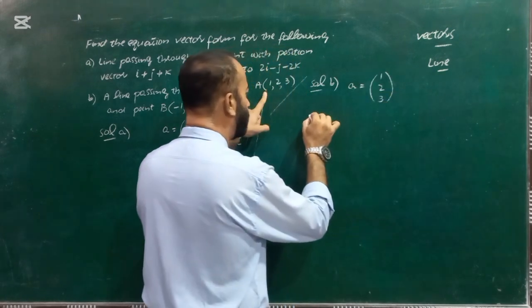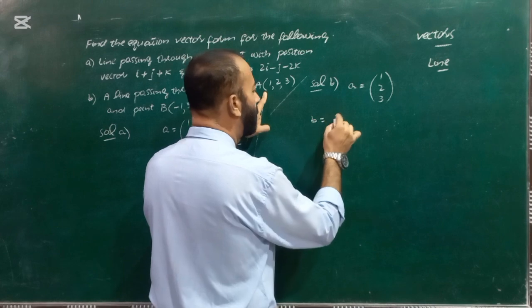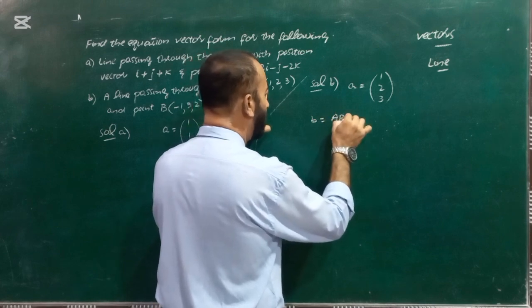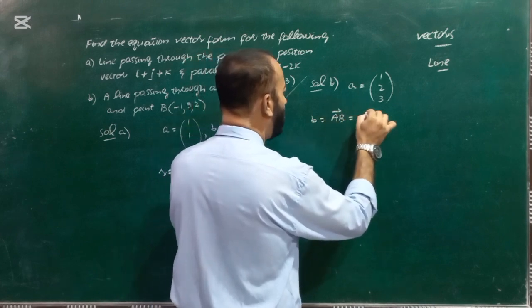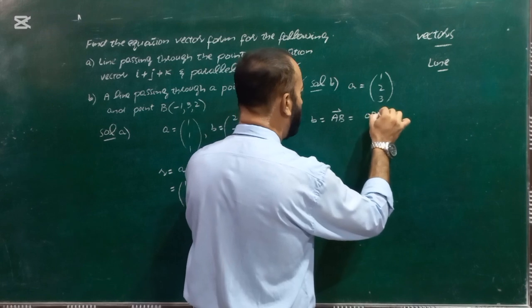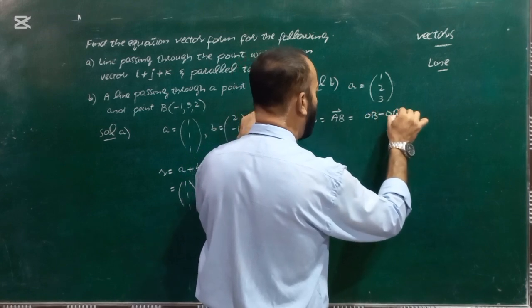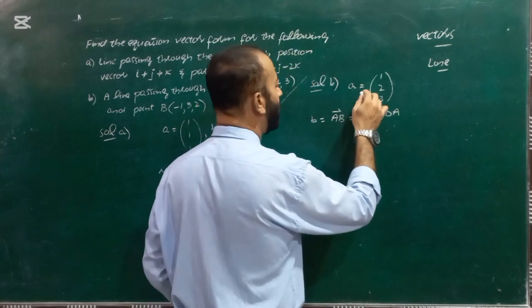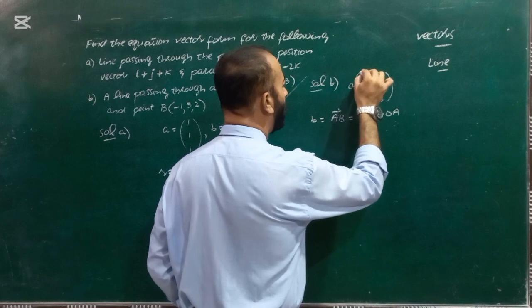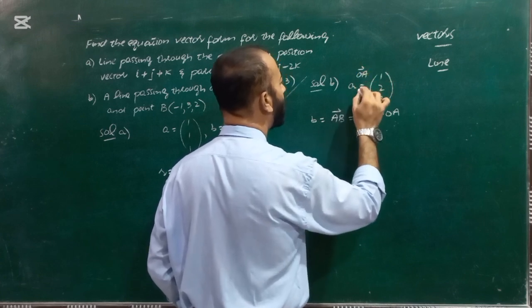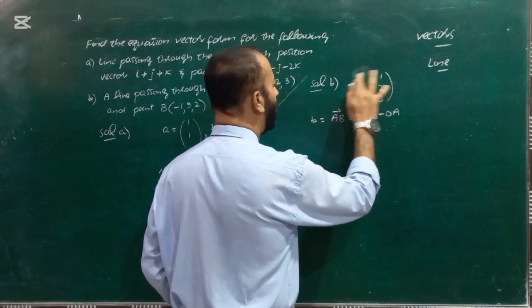whereas B will be equal to AB, and that will be equal to OB minus OA, and A is equal to OA.